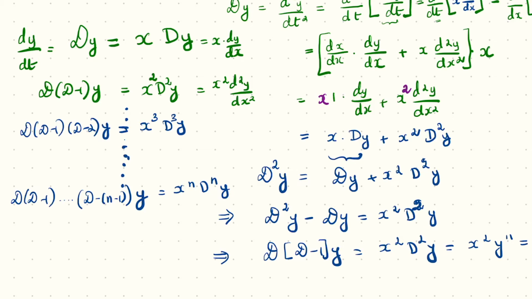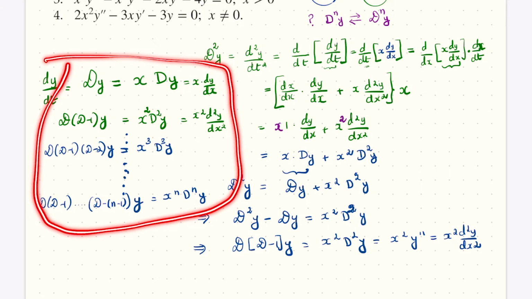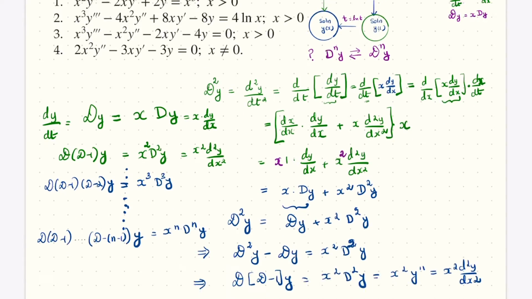So what we are going to do, ladies and gentlemen, we are going to make use of this particular information right here, and then plug this back into the differential equation and then solve it.